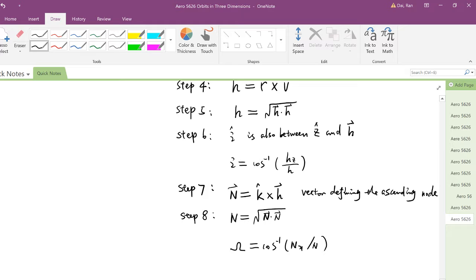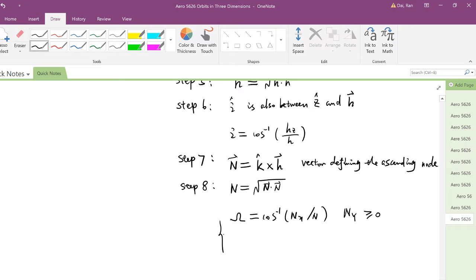And we also know the omega should be in the ascending node, lying on the positive side of the vertical xz-plane if omega is between 0 and 180. That is, ny larger than or equal to 0.